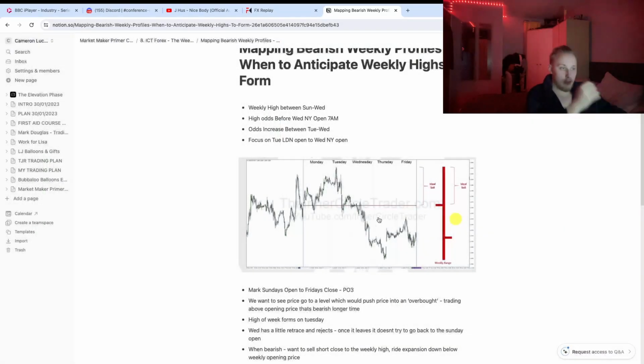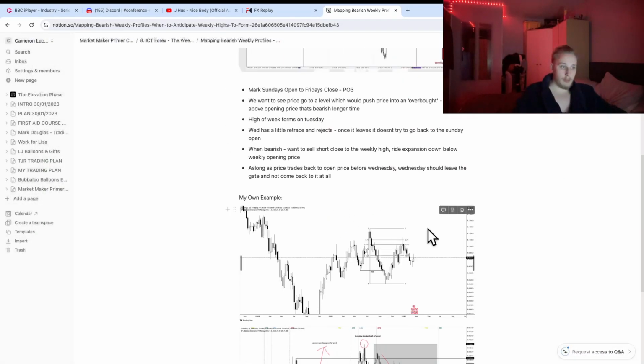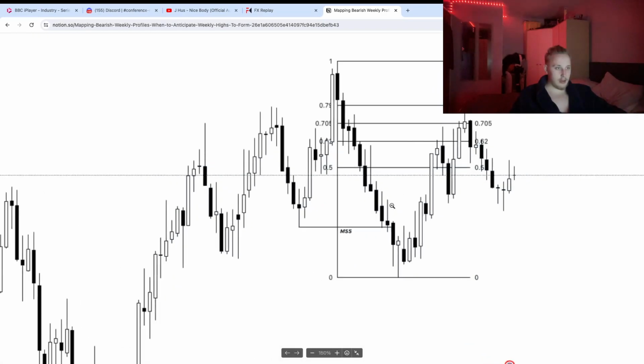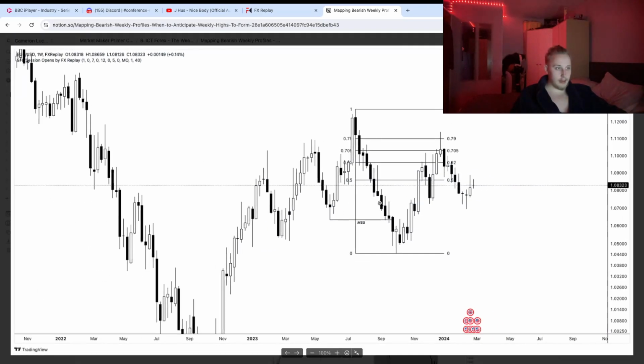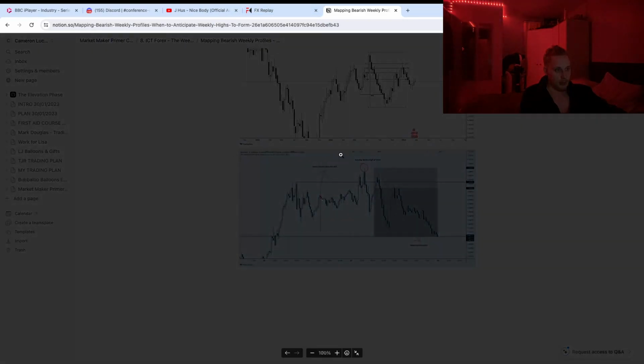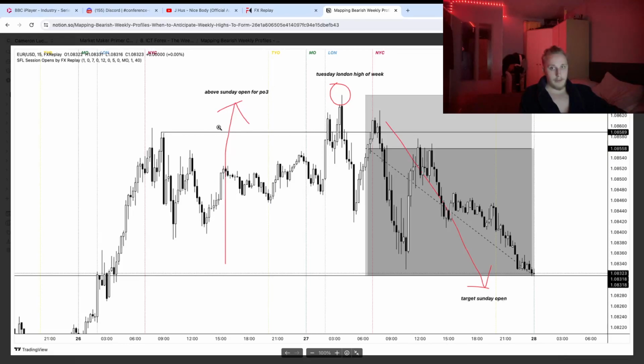So yeah, in this example, I actually did a couple of my own examples. I think this looks really similar. This might be similar, I don't actually, I feel like it could be. And then I had above Sunday open for power of 3, Tuesday London high of the week, bang, just sold down to Sunday's open.